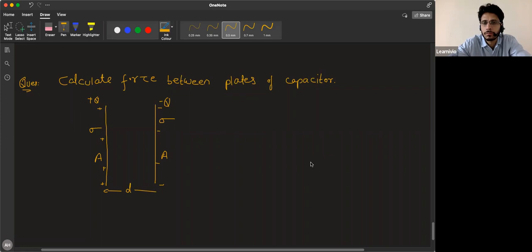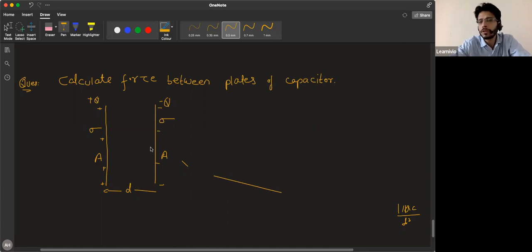No, sir, it's not a point charge. Yes, these plates are not point charges. Coulomb's law is valid only for point charges. These are sheets, one with plus Q charge, another with minus Q charge. So we can't use a formula like Q by D square. It's not valid.